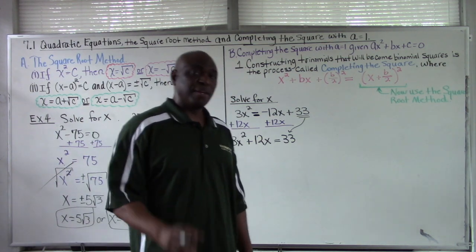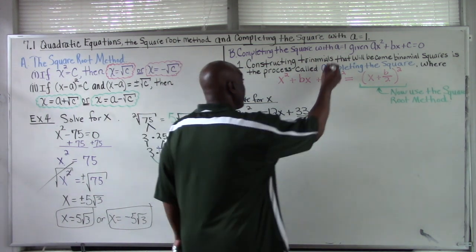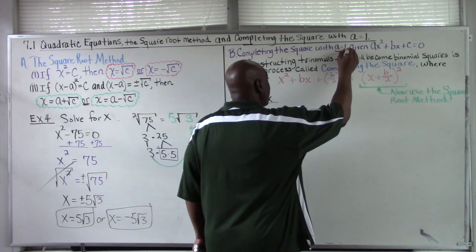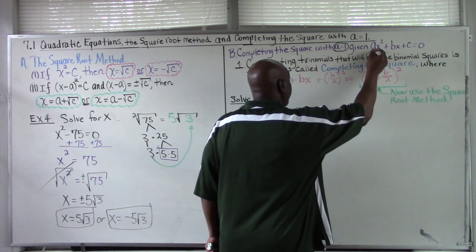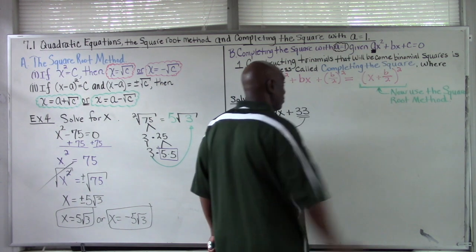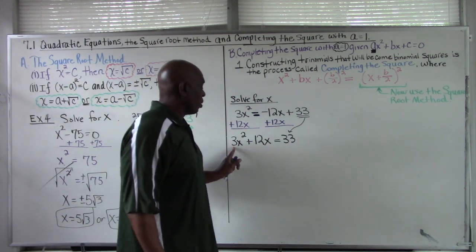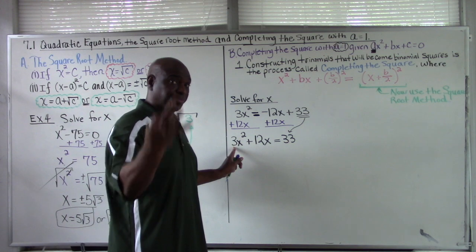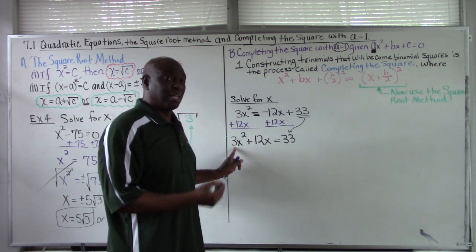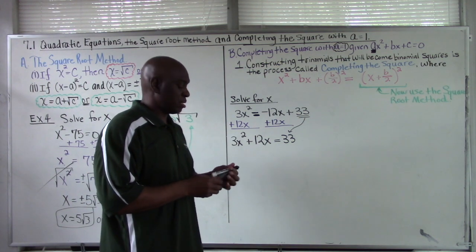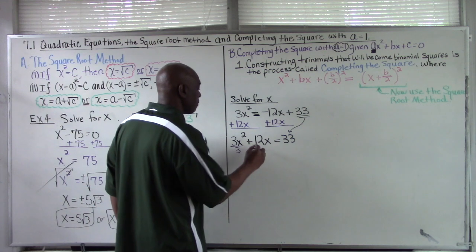All right. Now, we said that A, right here, has to equal 1. A is this first number right here. That has to be a 1. And right now, A is not 1, A is what? 3. So in order for us to make this a 1, let's divide each term by 3.